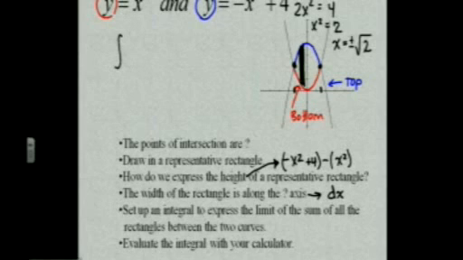A sum of all of the rectangles between the two curves. And so that rectangle right there is base times height, or height times base. So I have negative x squared plus 4 minus x squared as my height times my base.